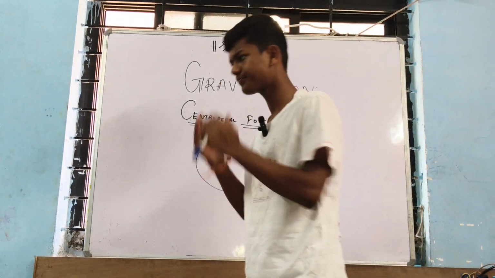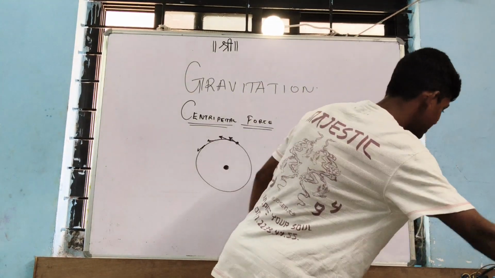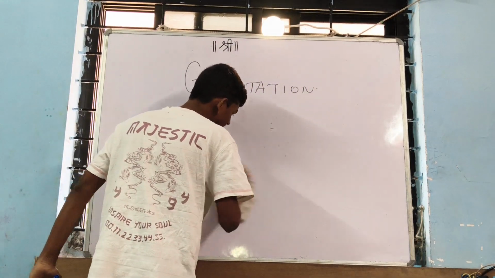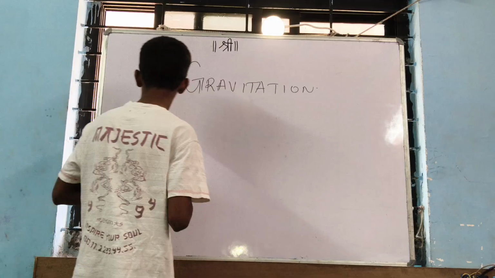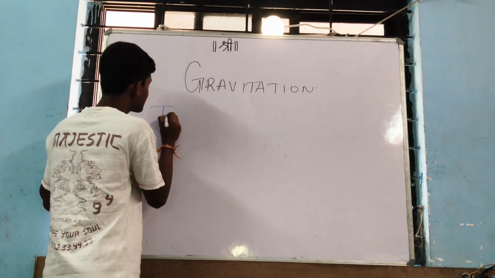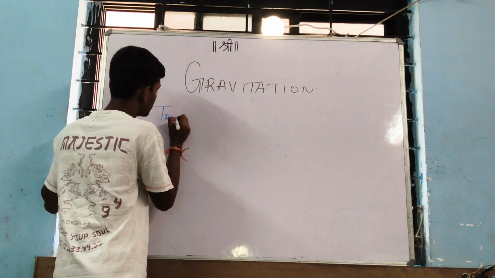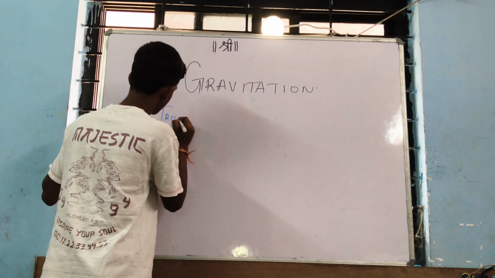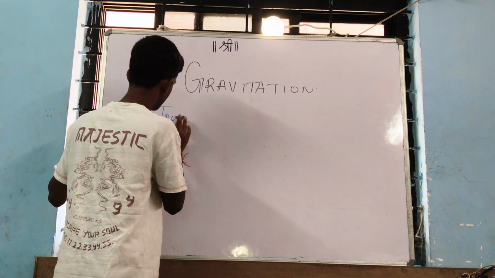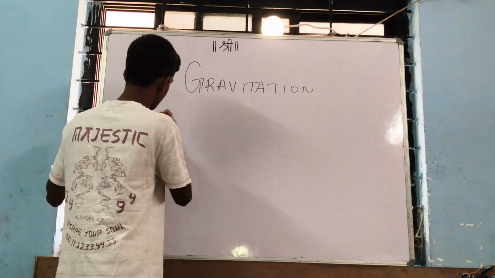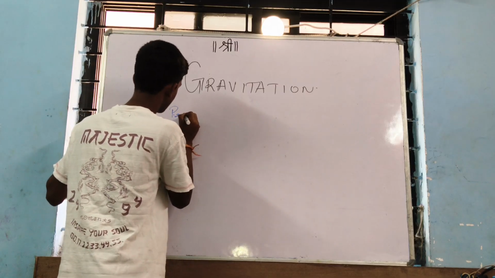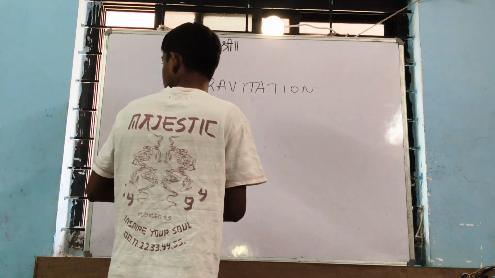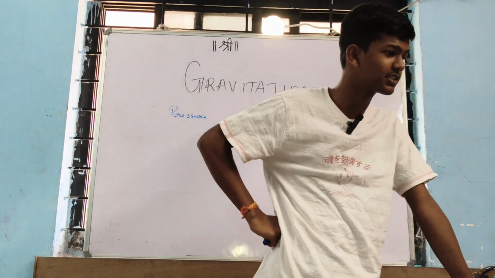Now we are going to see what is thrust and what is pressure. What is thrust? It sounds familiar; maybe you have heard that thrust is something. So what is thrust?